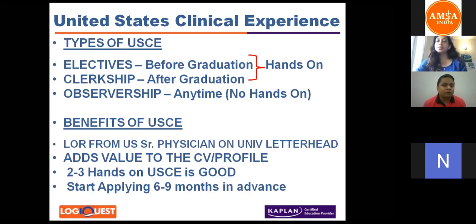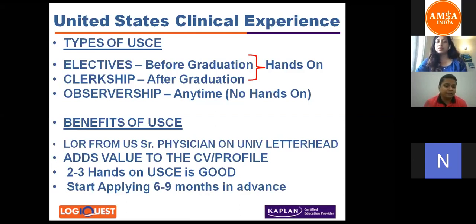Secondly, when it comes to electives, about 6 to 9 months before the intended start date is a good time for you to start an application to the respective hospitals or the university hospitals as per your choice. So this is how you are supposed to plan.